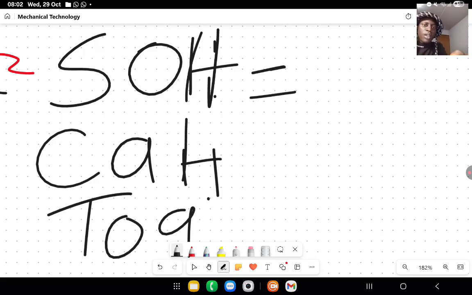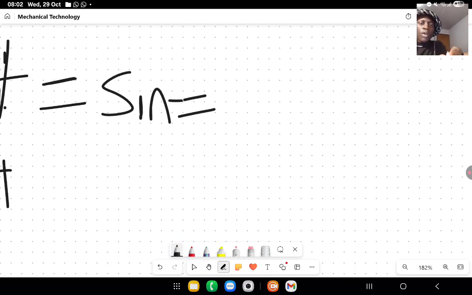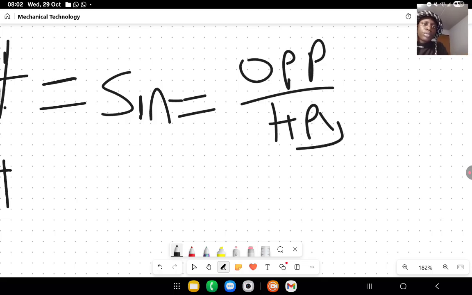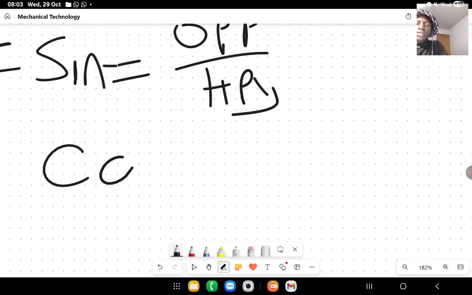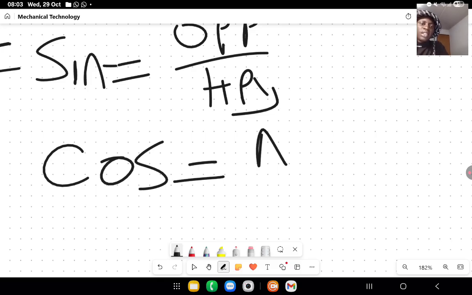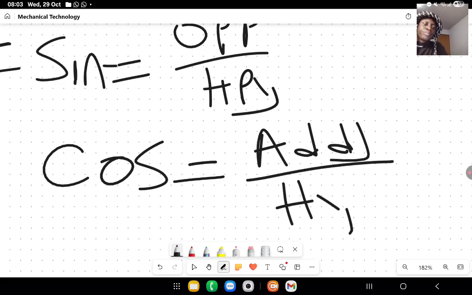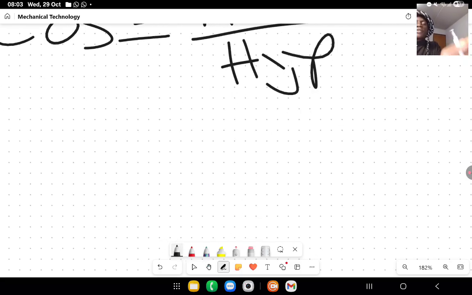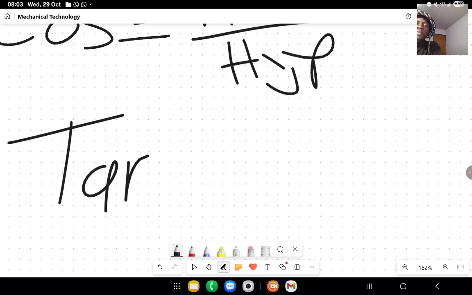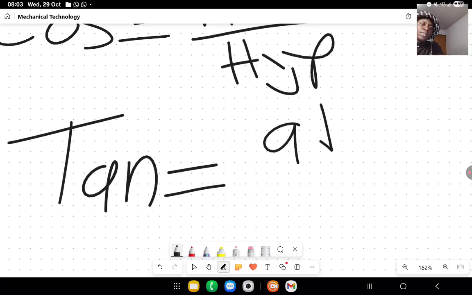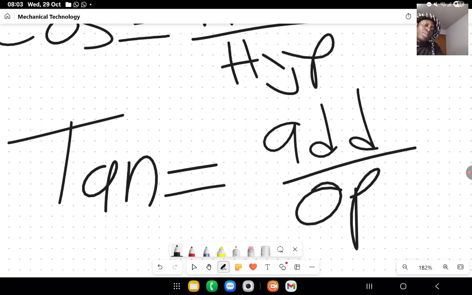This is what at the beginning I told you: sine is opposite over hypotenuse. Then we have cos, which is adjacent over hypotenuse. Then we have tan, which is opposite over adjacent.